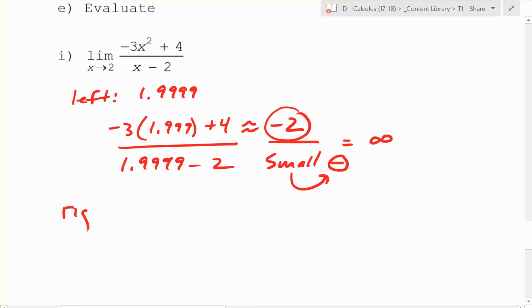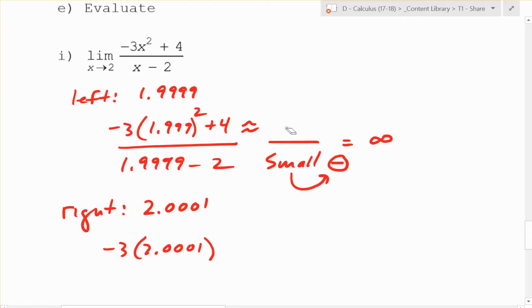Well, let's do the same thing from the right. That would be 2.0001, for example. So if you do that, you end up with negative 3 times 2.0001. Oh, it's squared. Ooh, I missed that. So it's squared. So that just turns it into 4.